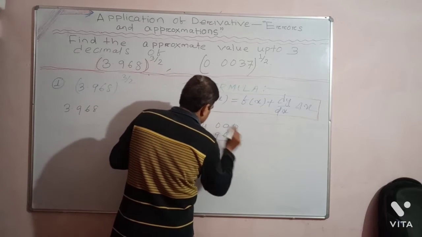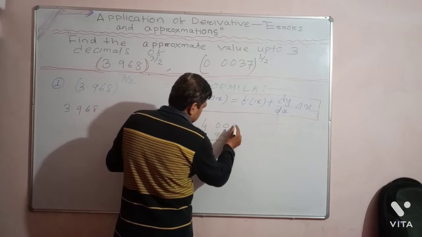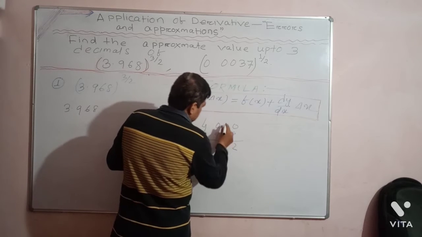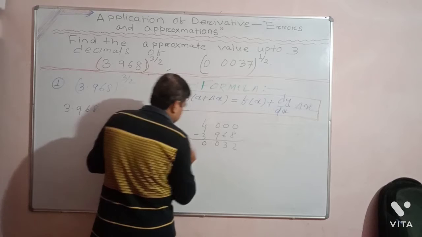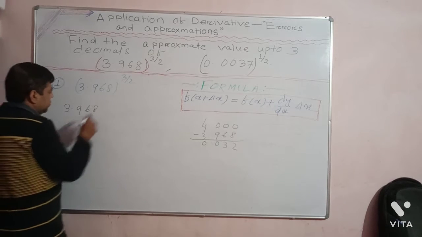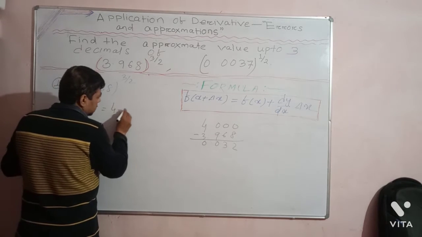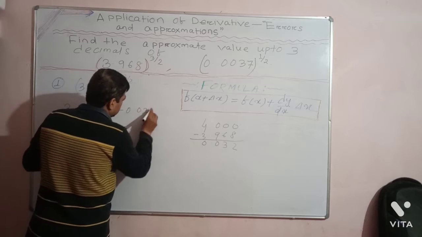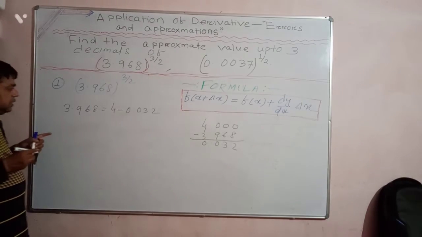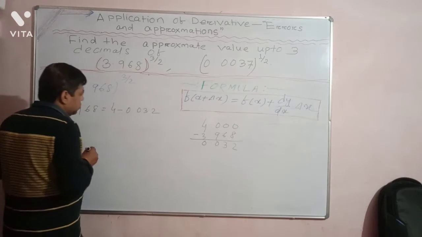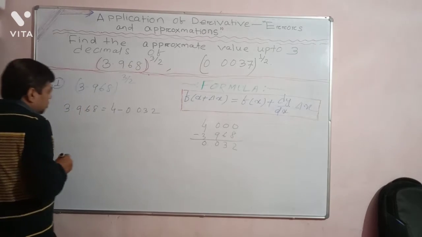If you subtract, it will be 10 minus 8 is 2, 9 minus 6 is 3, 9 minus 9 is 0, and 0.032. So you can write 3.968 as 4 minus 0.032.